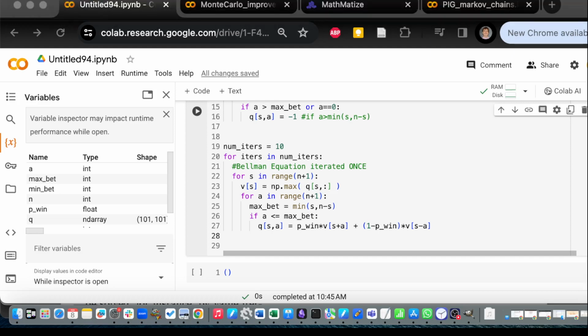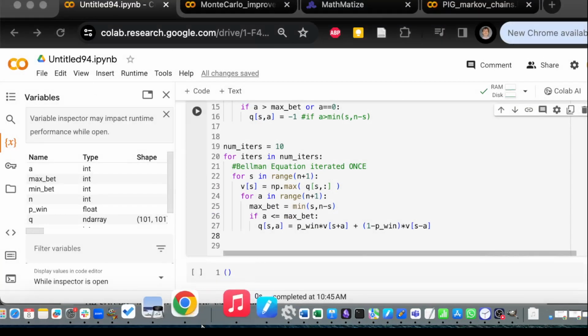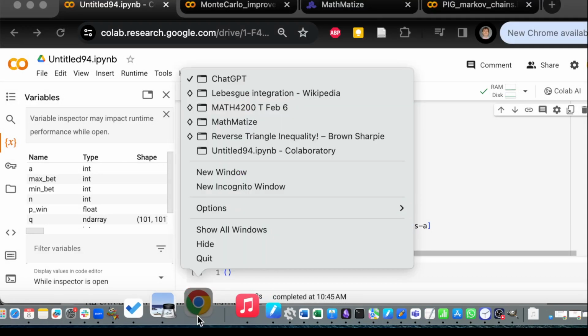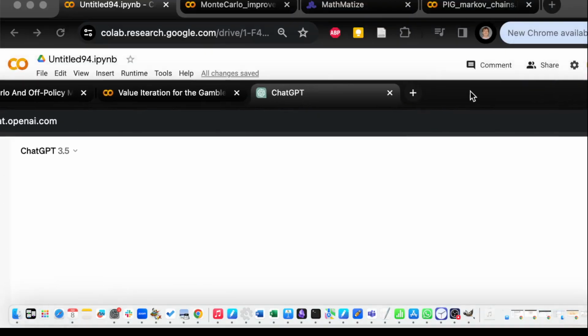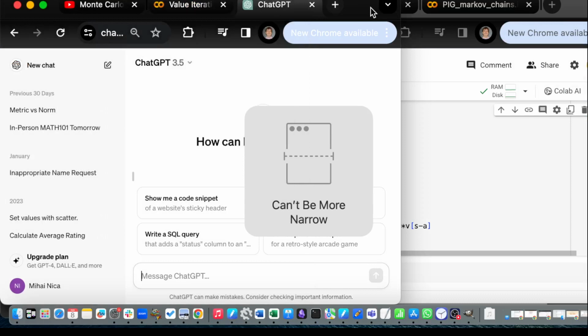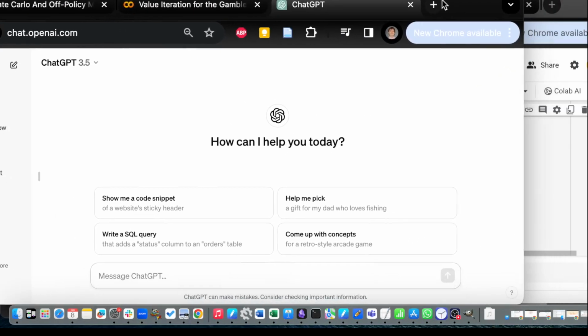Where did it go? Okay, hold on. Stand by. I've put ChatGPT in jail or something. We need to bring it back. Okay, I see where it went. Can I do this? All right, ChatGPT.